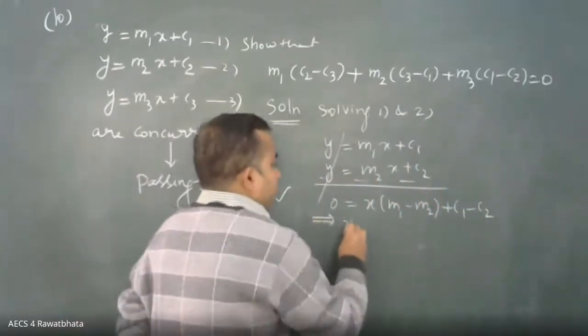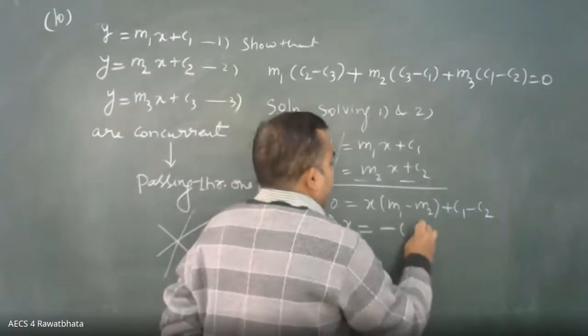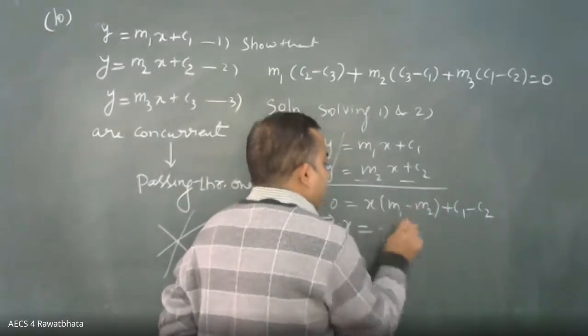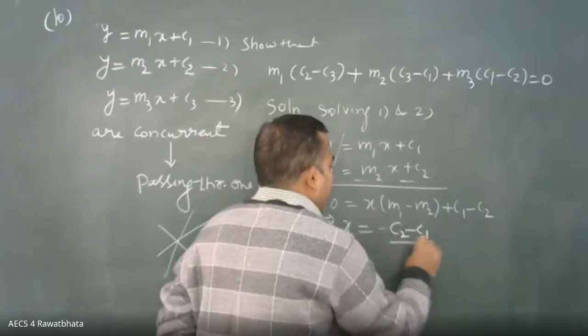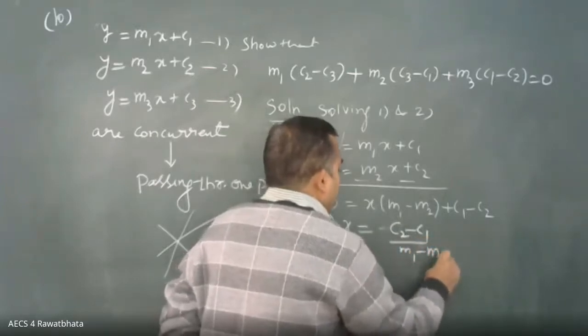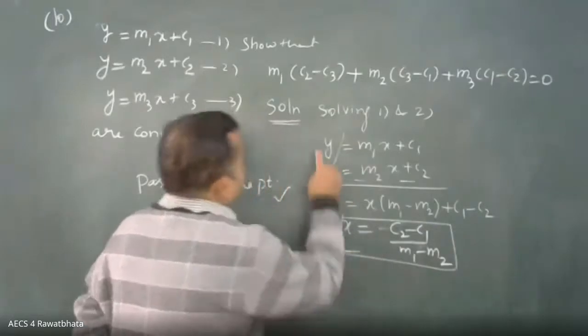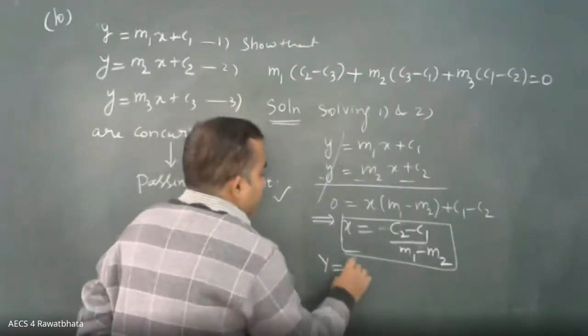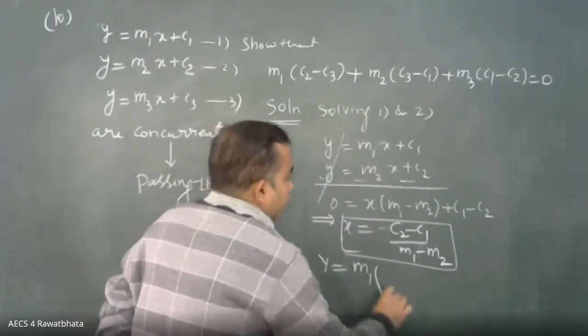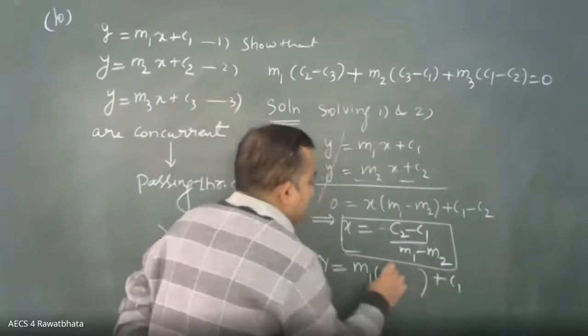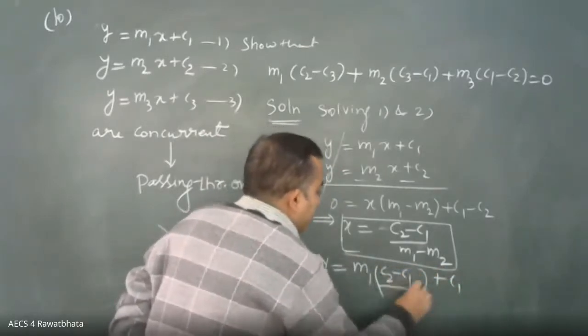So x is equal to c2 minus c1 upon m1 minus m2. Substituting in first, y is equal to m1 into this x value plus c1.